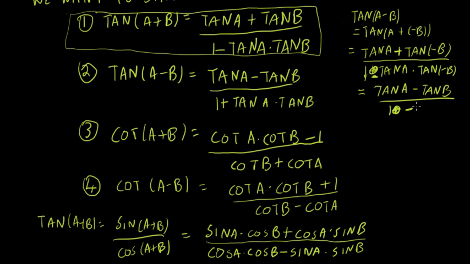So 1 minus tangent of a times negative tangent of b.